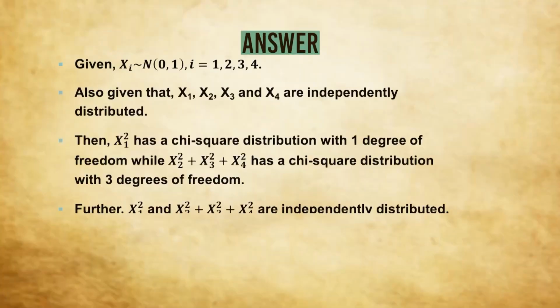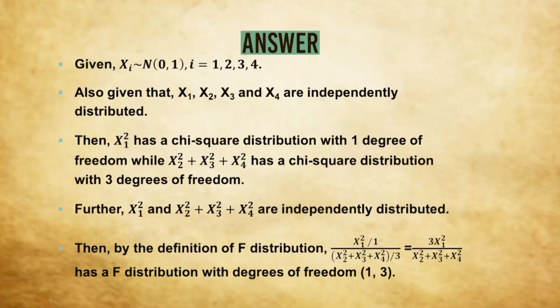Now clearly, since X1 follows normal 0, 1, X1 square will follow a chi-square distribution with 1 degree of freedom. Similarly, as we have seen in the earlier situations, X2 square plus X3 square plus X4 square, this being the sum of squares of 3 independent standard normal variates, will again follow a chi-square distribution with 3 degrees of freedom.